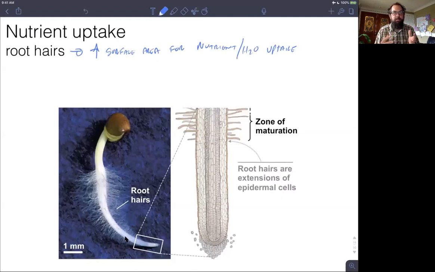So that increase in surface area is really an important part of this. And the root hairs themselves, those outgrowths of these epidermal cells in that zone of maturation, really increase the surface area a lot. The other thing is that root hairs also have a very large number of transmembrane proteins.